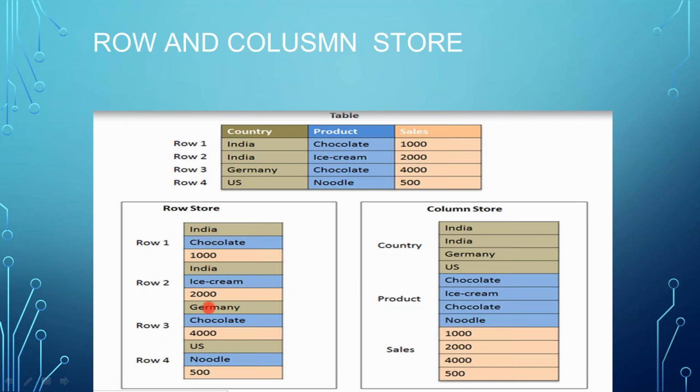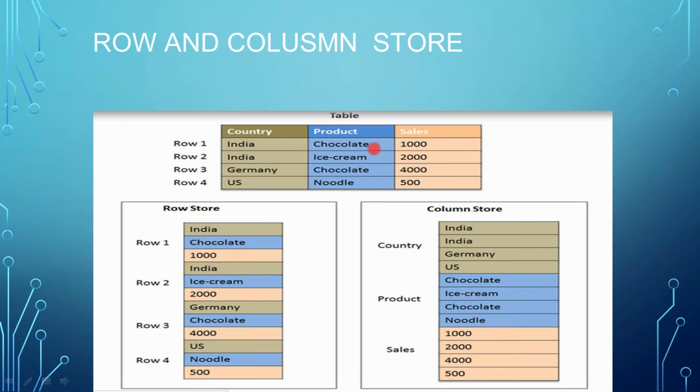We don't want to read data unnecessarily like in a row store. So at that time, we can go for a column store for analytics and reading purposes, aggregating the data directly for the column that is required.